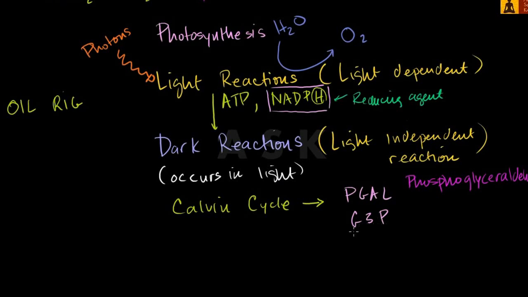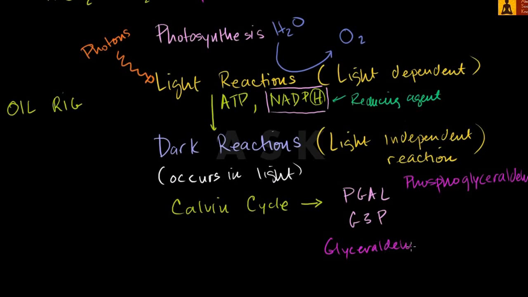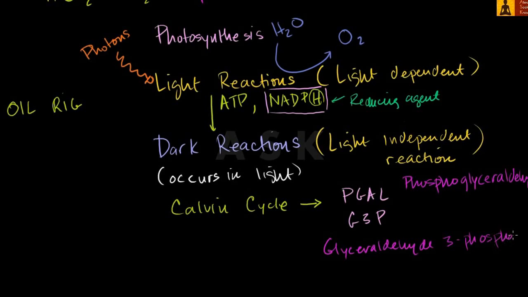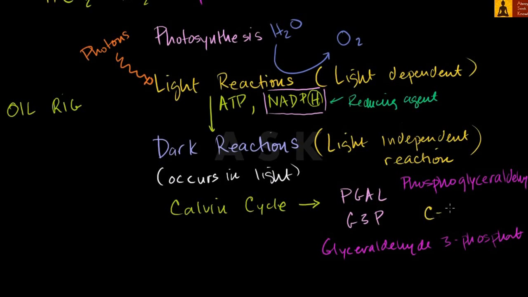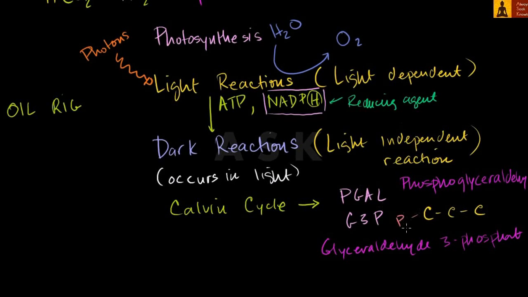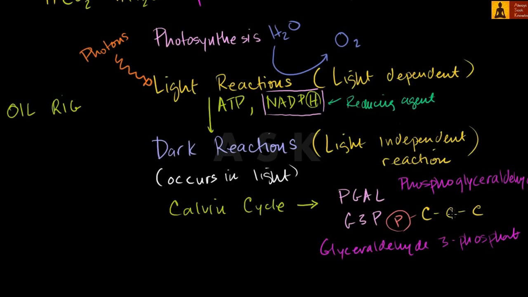Or you could call it glyceraldehyde 3-phosphate. Same exact molecule. You can almost imagine it as, this is a very gross oversimplification, 3 carbons with a phosphate group attached to it. But this can then be used to produce other carbohydrates, including glucose. If you have 2 of these, you can use those 2 to produce glucose.